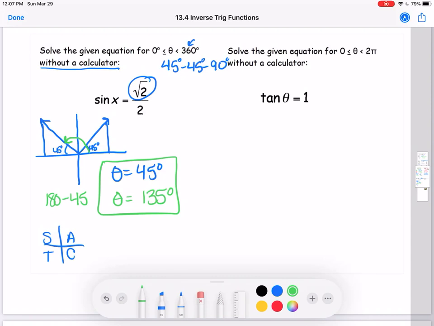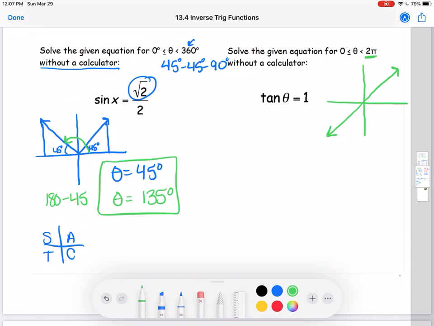Next one, tangent. Check this out, we're in radians. What two quadrants is tangent positive? Always the first. And then SATC, also third. Okay?